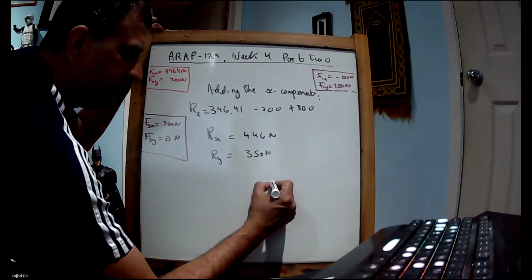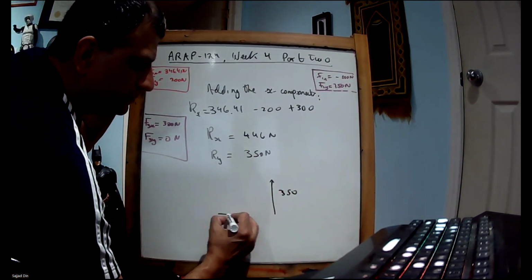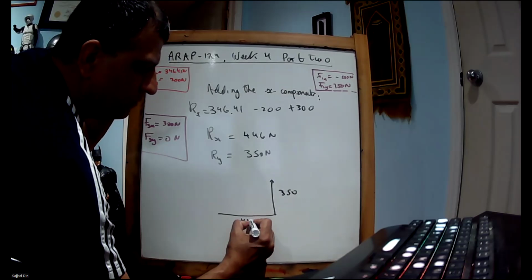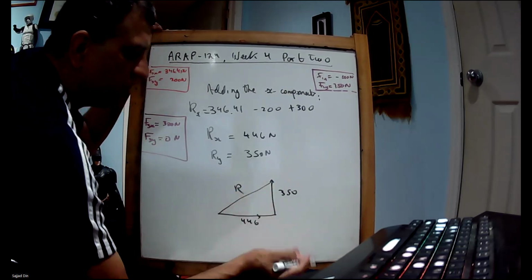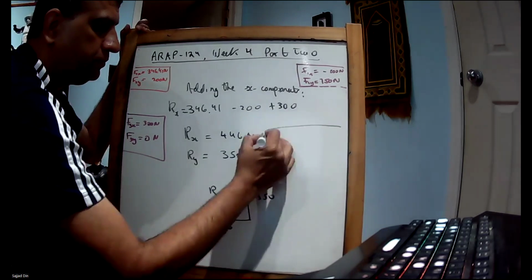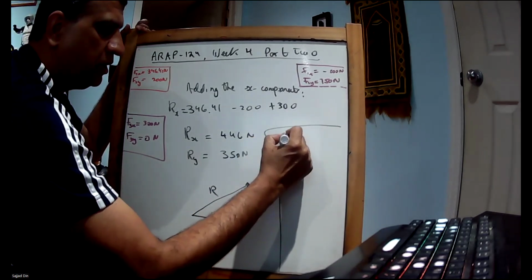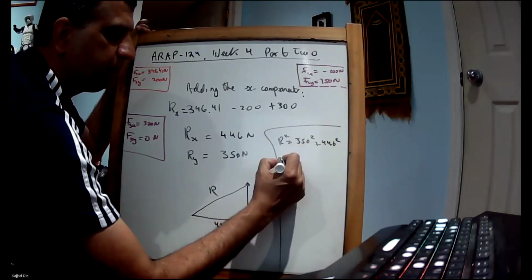Okay, so let's go ahead and try it. 350, 446. So what is R? R squared is equal to 350 squared plus 446 squared.